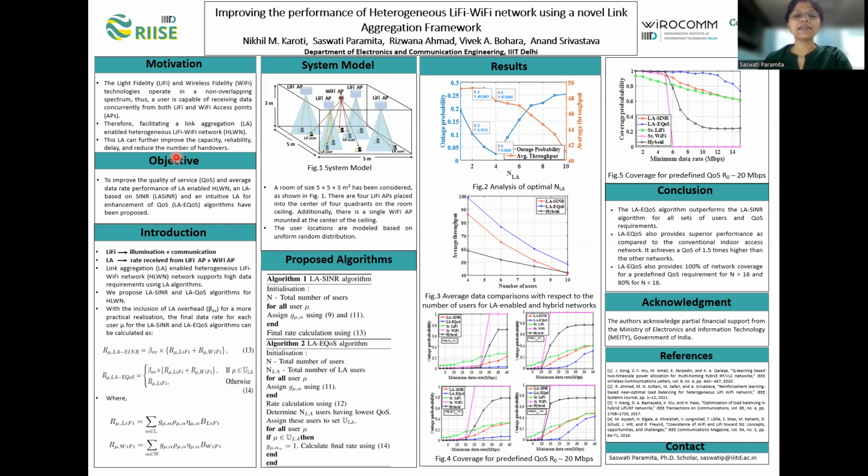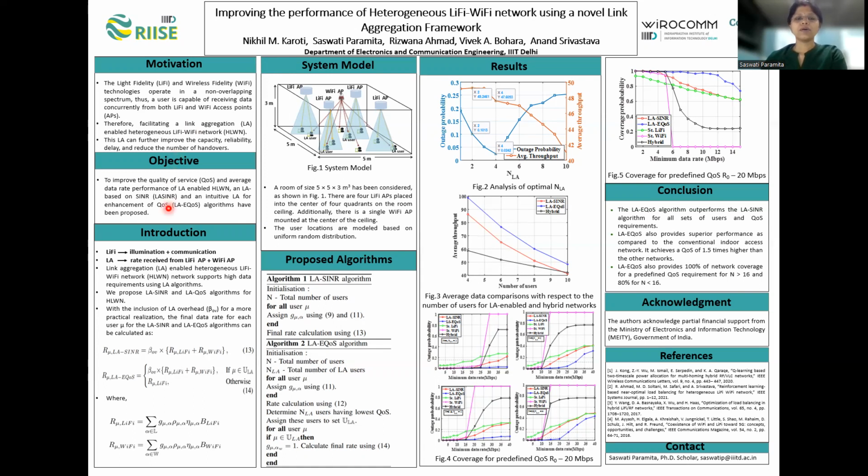The main objective behind this work is to improve the quality of service in terms of average data rate for the link aggregated heterogeneous LiFi-WiFi network by proposing novel algorithms such as link aggregation SINR and link aggregation EQoS.